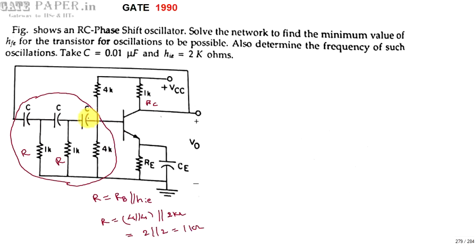So for this third RC network, the R is going to be calculated from these two biasing resistors along with the internal HIE. That HIE is given as 2 kilo ohms, such that the R value is satisfied.